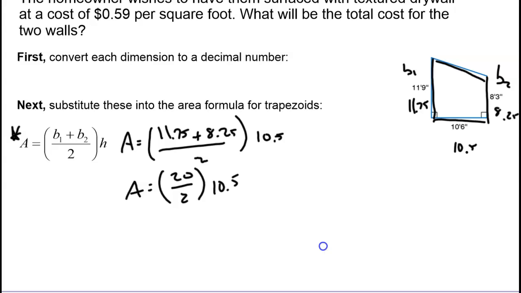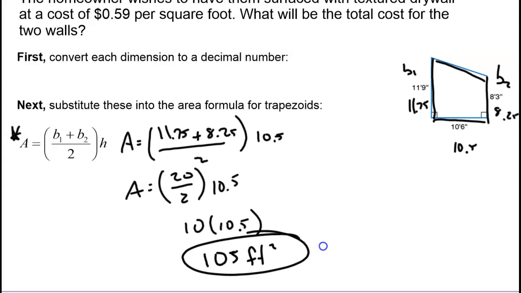And so we'll have 10 times 10.5, and that will be 105 feet squared. So there you go. And that is how to solve that problem. Okay. That concludes this chapter.